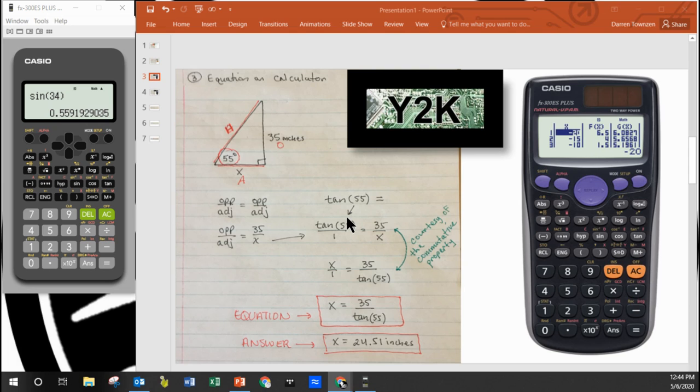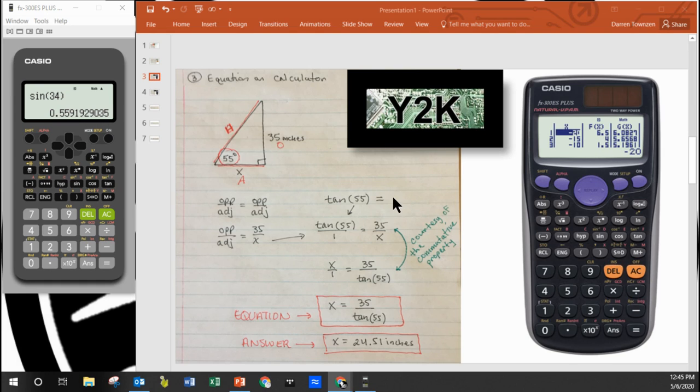And normally we would need to find the decimal value of the tangent of 55, which is one of those decimals that has 4 decimal places on the trig table, or one of the decimals that fills up your whole calculator screen that you need to round off on your calculator. But there's no need for us to recopy that decimal now that we can put the equation on the screen.